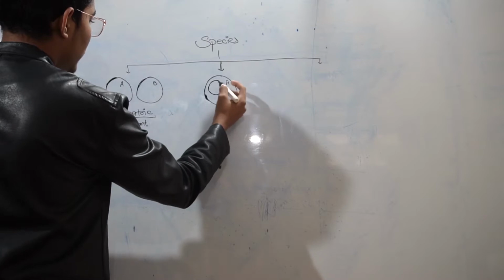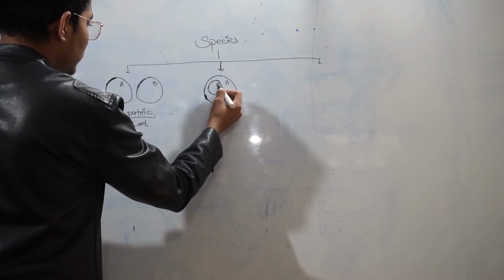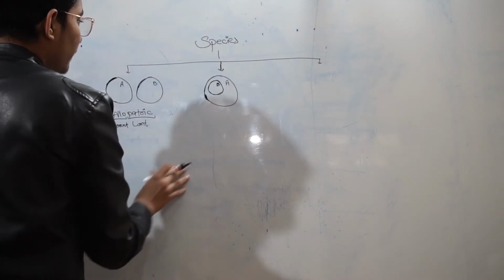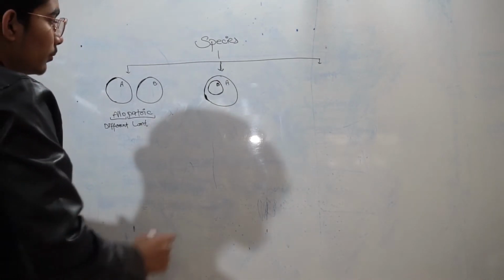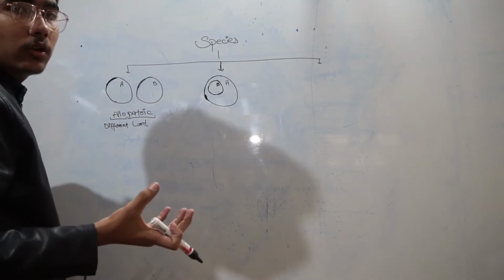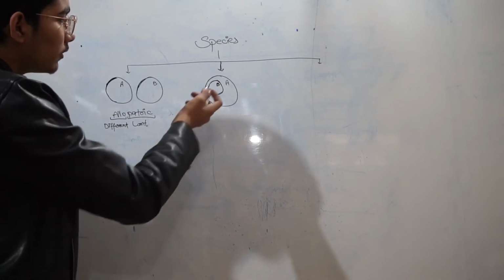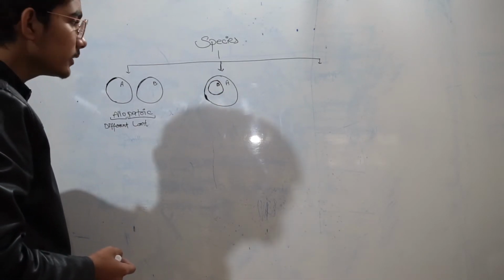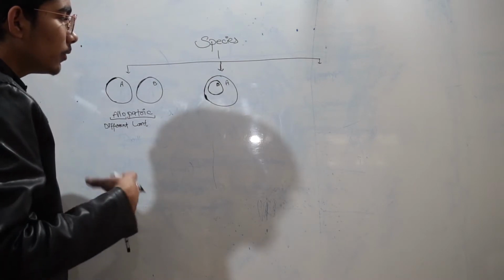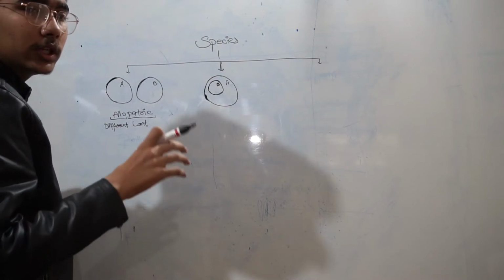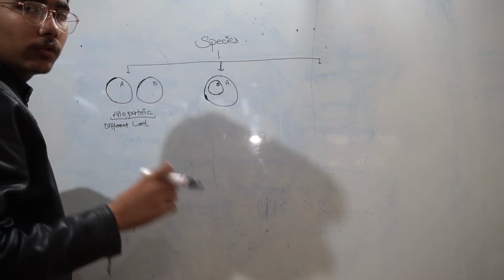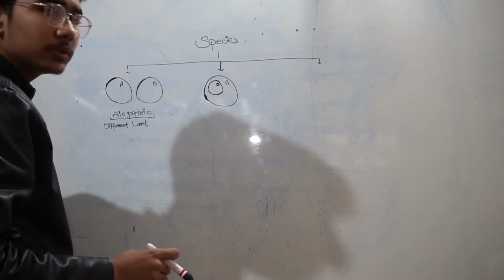Here species A is present and here species B is present. Now B is occupying a land within the same geographical area where the land of species A is present.